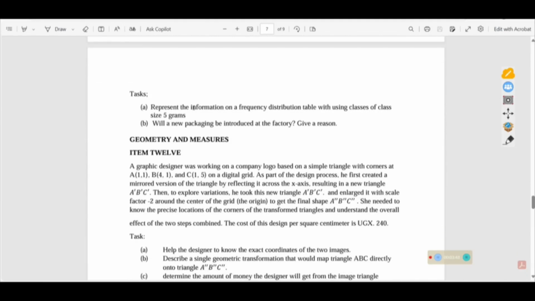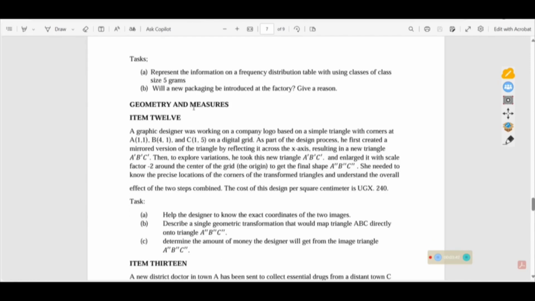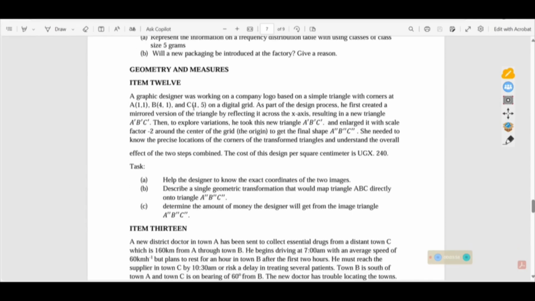And lastly, we have items on geometry and measures. As we saw earlier, this is the last part of section B. So these are some of the items that can be asked in this part.